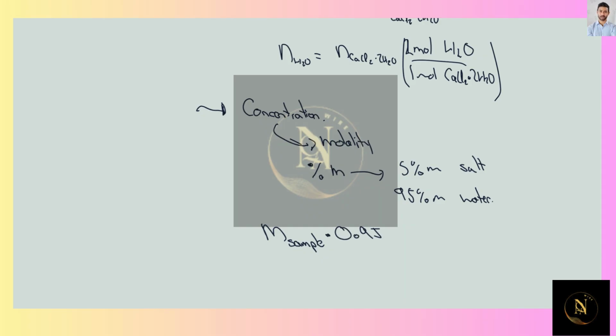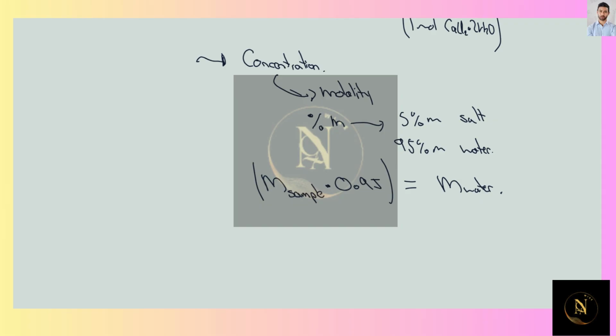This corresponds to the mass of the water in the sample. And after that, to get the amount of moles of water, we need to divide the mass of the water in the sample by the molecular weight of water, which is 18 grams per mole.